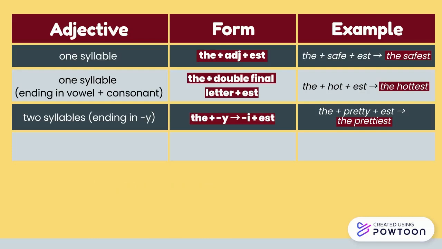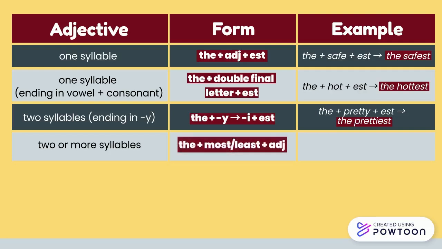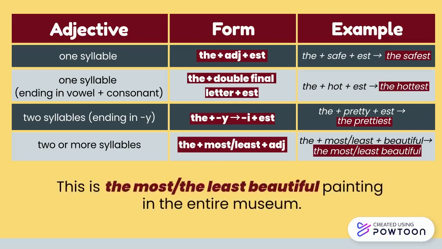For adjectives that are two syllables or more, we use the word the most or the least before the adjective. Beautiful becomes the most beautiful or the least beautiful. For example, this is the most or the least beautiful painting in the entire museum.